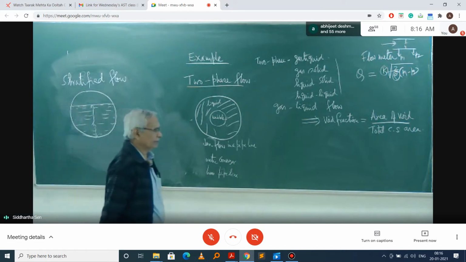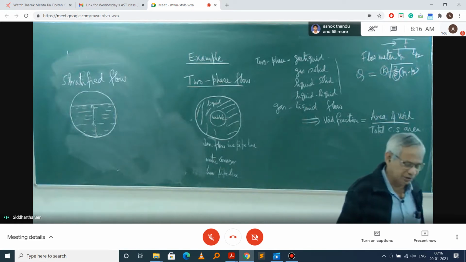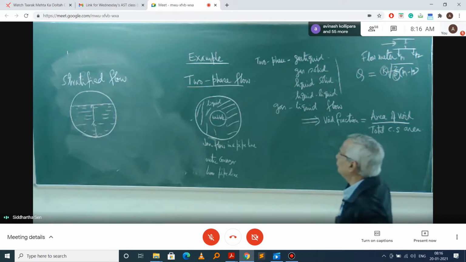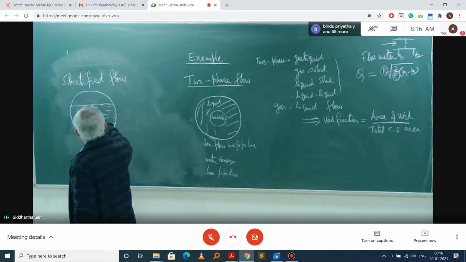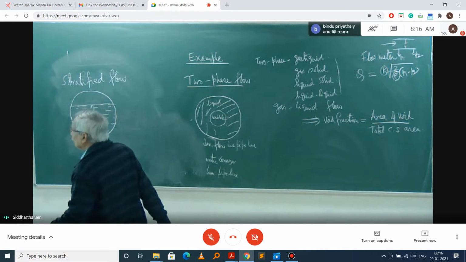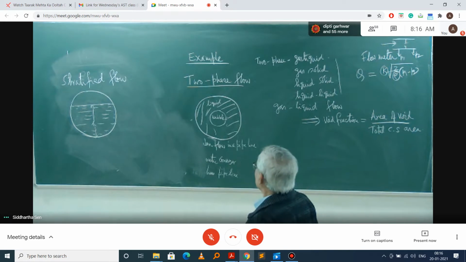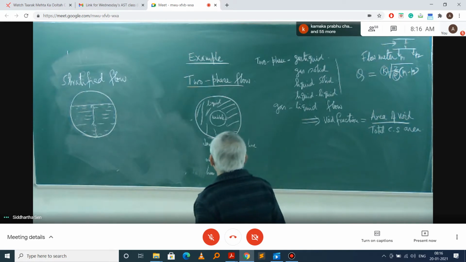But this horizontal pipeline, which may be a sewage line or maybe some other line, which is underground, how would you find out what is the value of the height of this one? So two simple problems I am telling you, where this modeling is required.